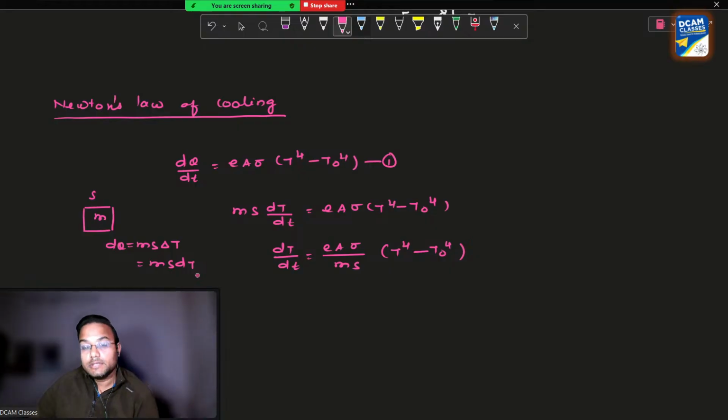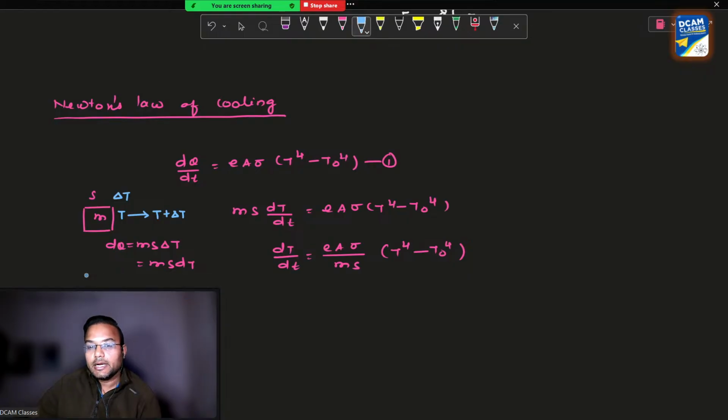Now the change in the temperature of the mass is delta T. So let's say initially the temperature of the mass was T, and there is a change of temperature delta T. So what will be the final temperature? T plus delta T it should be.